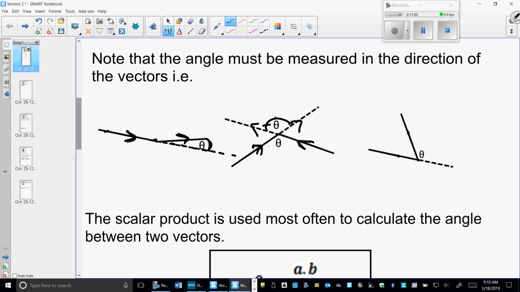If this one was shooting this way, and this one was shooting that way, then again, we'd have to project this one to keep going, and it would be this as your angle in between them. So essentially, they both have to be shooting away from each other, and that's the angle that we're interested in. They're only obscure questions, but you have to be going away from each other, and that's the angle between them.